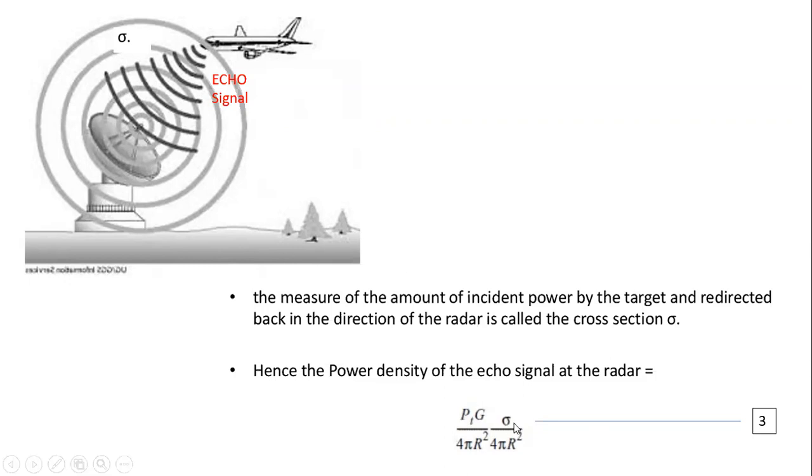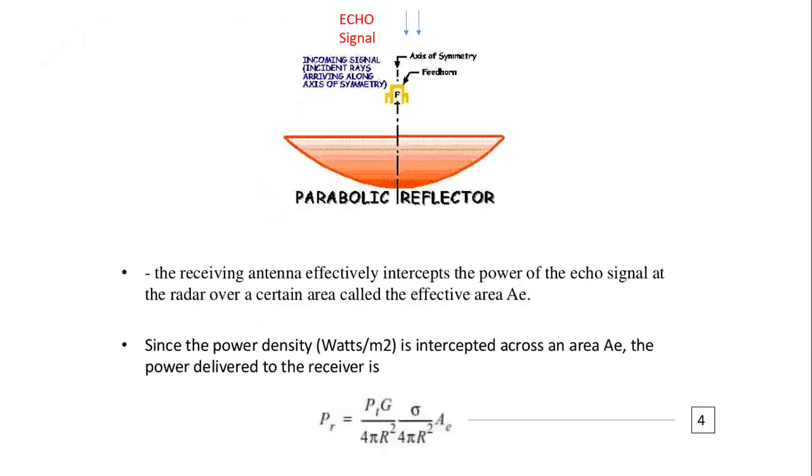Now we are saying that this sigma, we are receiving the signal, but the signal that we are receiving is isotropic in nature. It's coming from all directions. So we are calling it sigma by 4 pi r square. Now with this, what happens? This becomes Pt into G into sigma divided by 4 pi r square whole square, right?